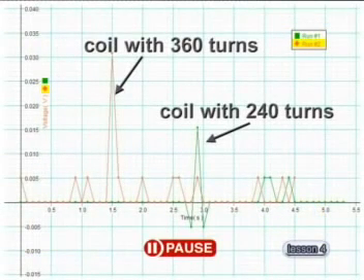What conclusions can we draw from this experiment? We have confirmed that the number of turns in a coil is related to the size of the EMF induced in the coil. In this experiment, we have moved the same magnet through the two different coils in the same amount of time, so the rate of change of magnetic flux passing through each coil is the same in both coils.